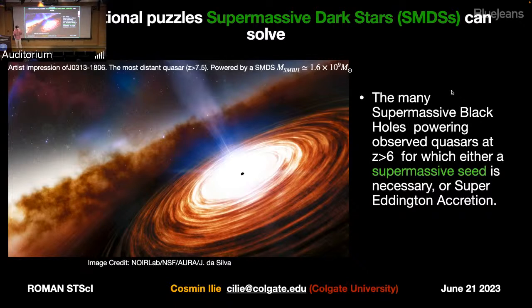They could invent mechanisms to do that. Or they could say, well, we need a supermassive seed, because Pop III stars as seeds are not massive enough to generate those objects. So that's a thorny issue, but if dark stars are a thing, then they could collapse directly to black holes, and they would provide those seeds for those objects.